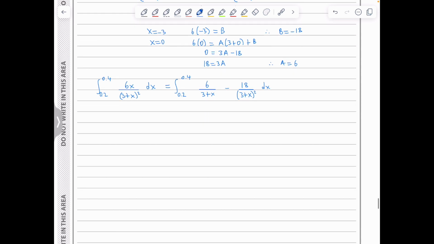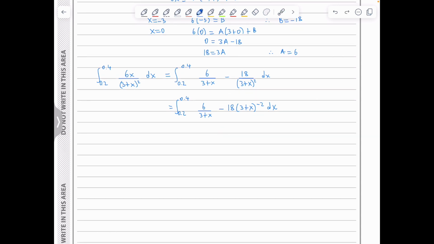Now I will write this as the integral from 0.2 up to 0.4 of 6 over 3 plus x minus 18 times (3 plus x) to the negative 2 dx. So I'm doing this to see the process of increasing the power by 1 and dividing by the new power in this second term.